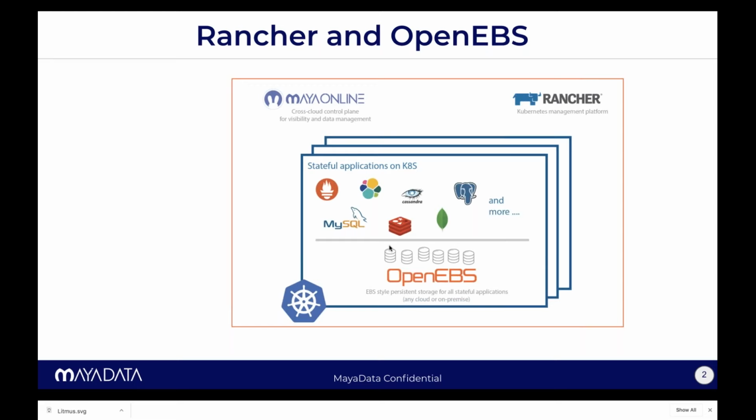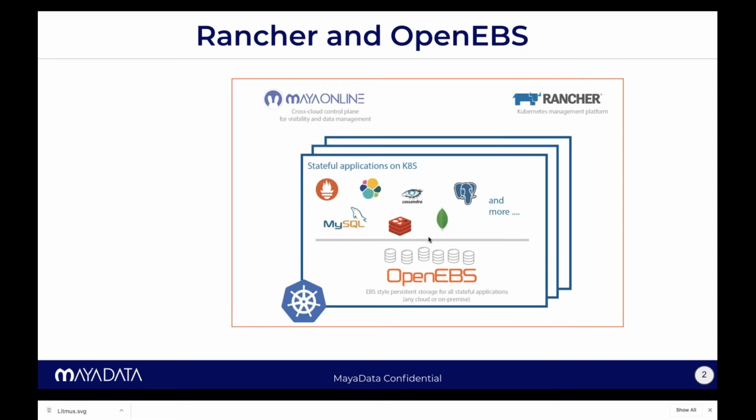And OpenEBS is a solution that can provide persistent storage in a container attached storage architecture model to all the stateful applications that run on your Kubernetes clusters. Think of it like an EBS on AWS. Similar to that, you're running a more containerized storage on your on-prem.